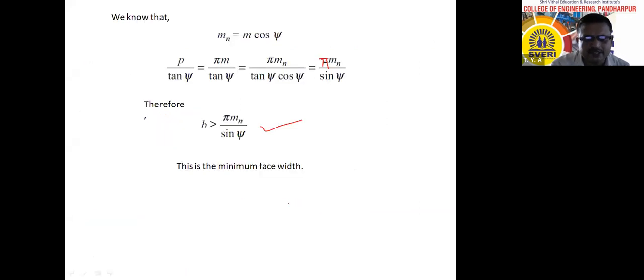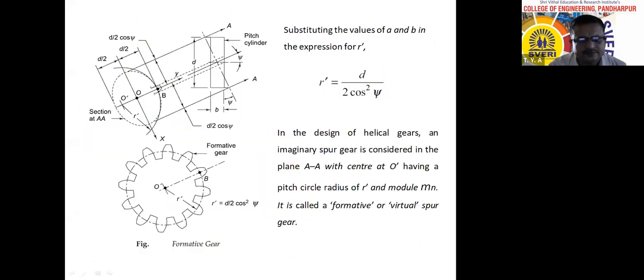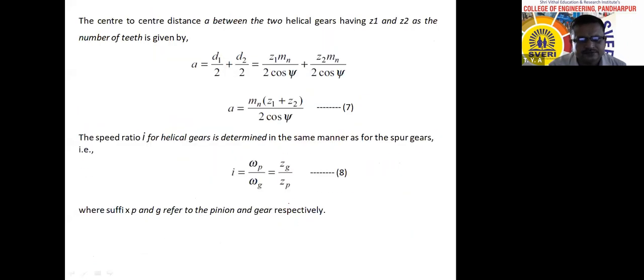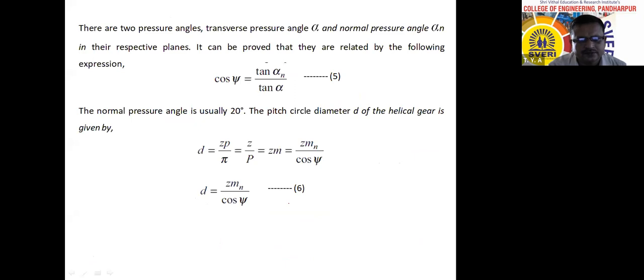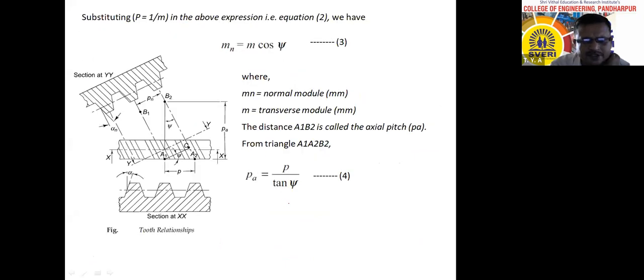What is the formula of axial pitch? Write down equation 4. Axial pitch PA is equal to P upon tan psi. And P म्हणजे काय असतो?